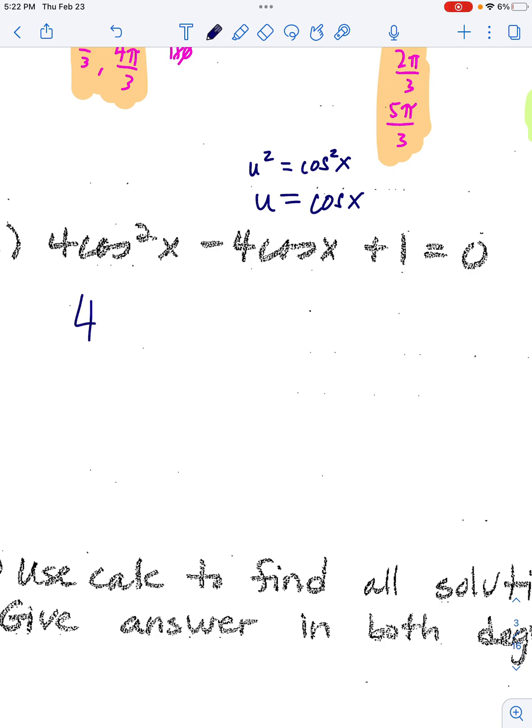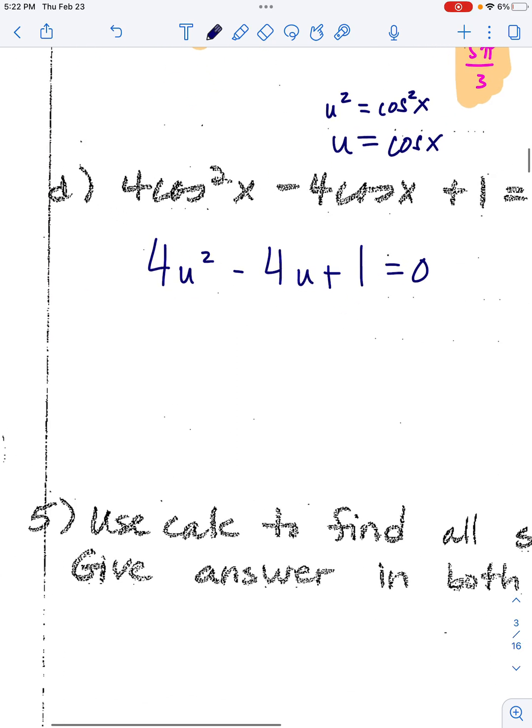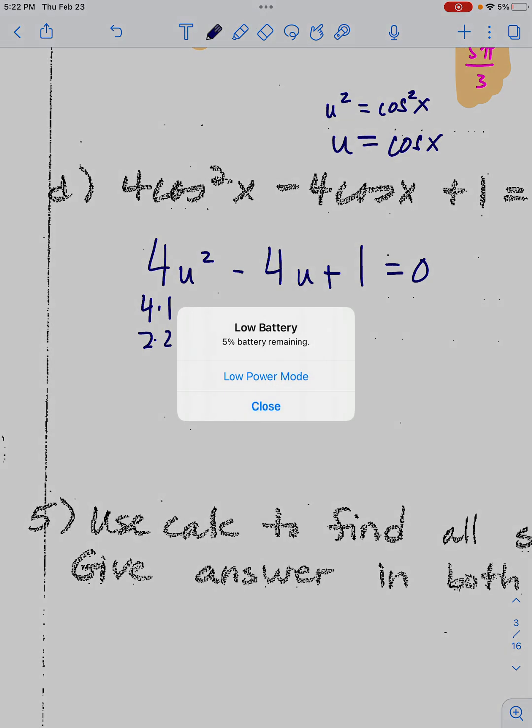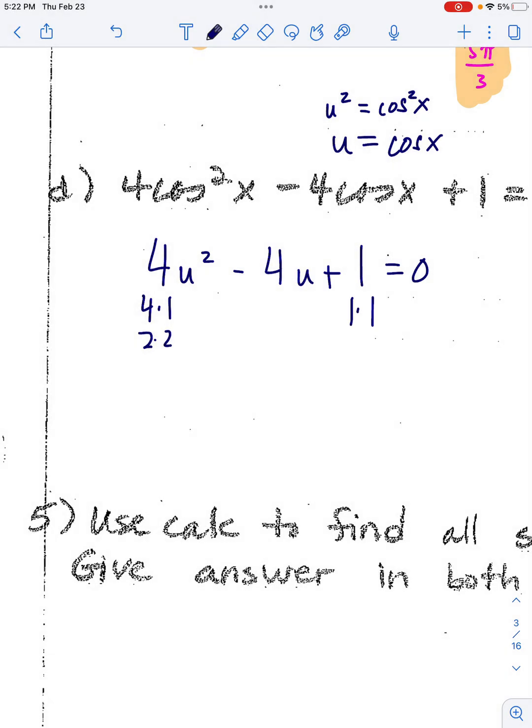So it's going to be 4u squared minus 4u plus 1 equals 0. So let's solve this just like we did in Algebra 2. I'm sorry, I have to write out the factors myself. I didn't give myself enough space.